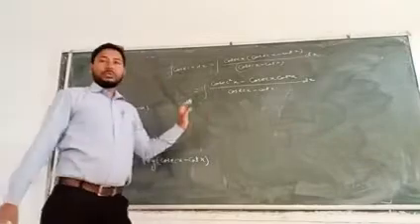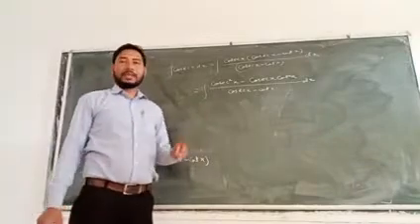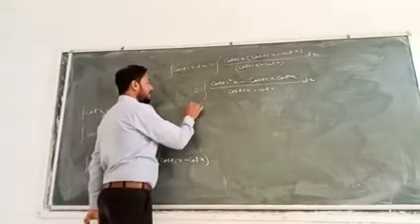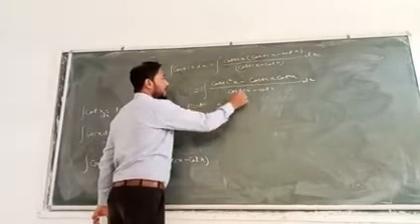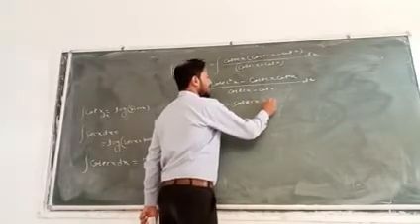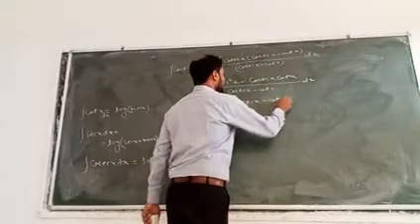It is similar to the integration of sec x. Now we put the denominator of this expression as t: cosec x minus cot x is equal to t.